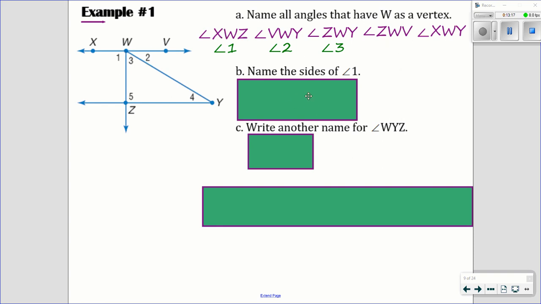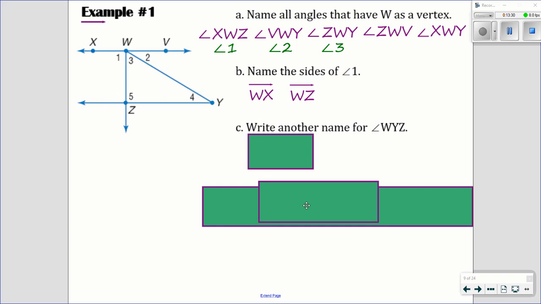So name the sides of angle 1. So this is angle 1. The two rays that share a common endpoint to create that angle. So we got WX and WZ. And notice how W comes first, because the endpoint is your starting point.